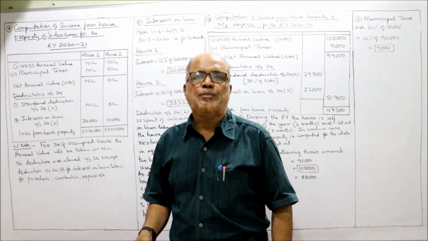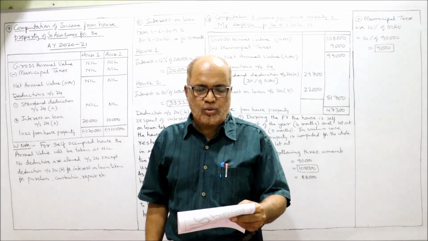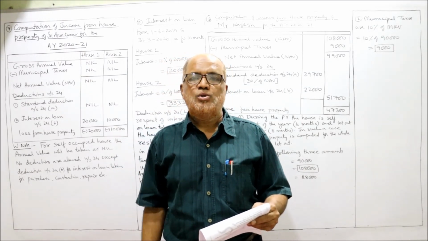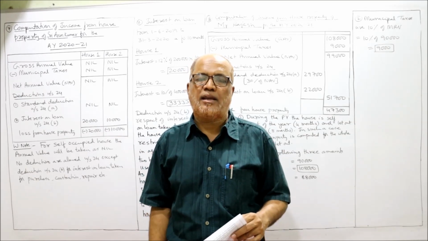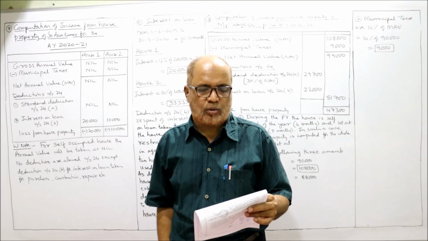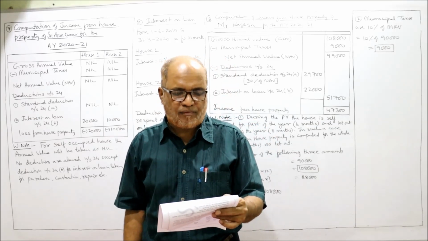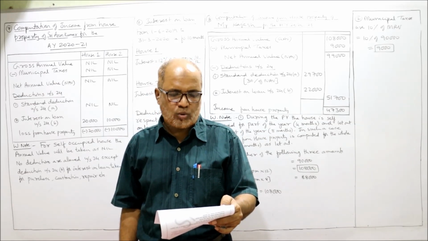Now we'll start the next problem, problem number 7. Sri Arun Kumar owns 2 houses used for residential purposes. Both the houses he is using as self-occupied residence, not let out. During the previous year relevant to the current assessment year, the following particulars are furnished. Compute the income from house property. House number 1, house number 2.